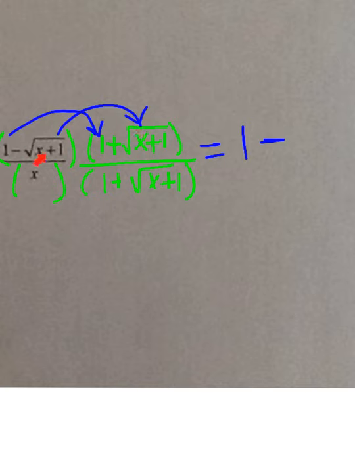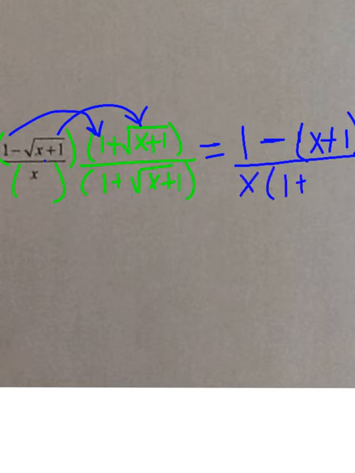Now what's under the radical is a binomial, and we're minusing here. So you have to use parentheses because you are minusing now a binomial. Over, and then remember, leave the denominator factored. x times 1 plus the square root of x plus 1.